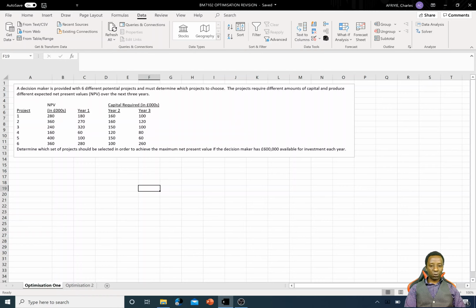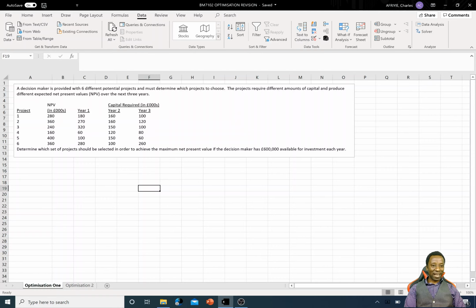We've been told that the decision maker or the firm has only £600,000 to invest each year. So why is that a problem? That's a problem because if you look at year 1, for example, if we add all the capital requirements together, let's see, mental maths.